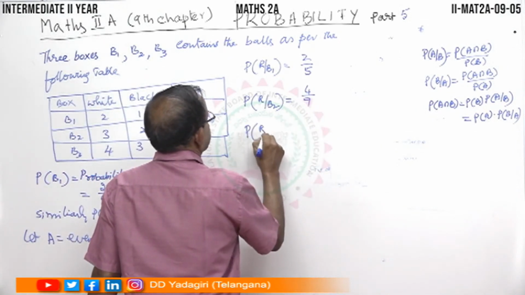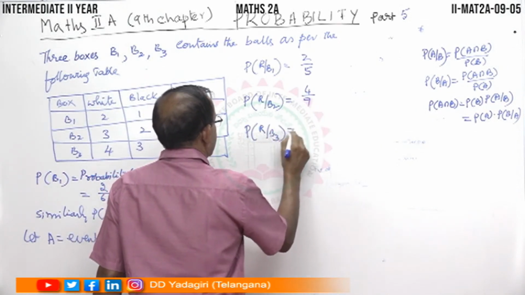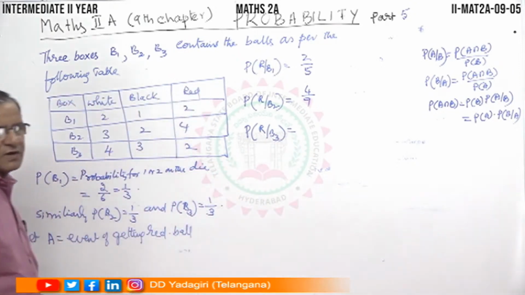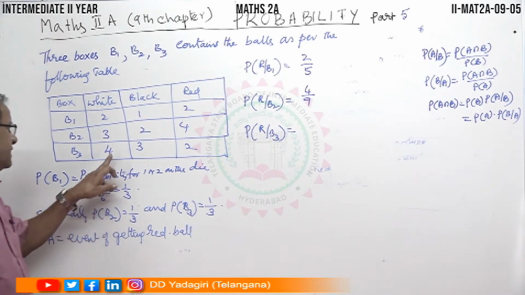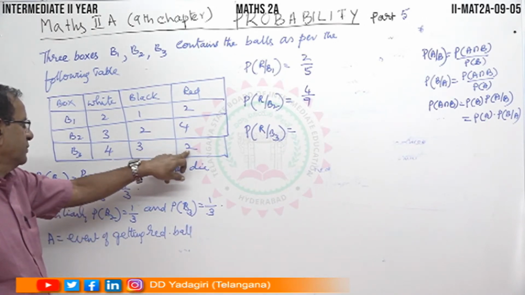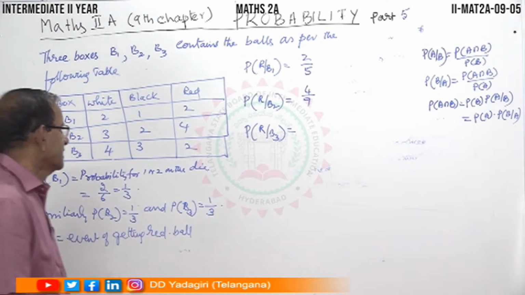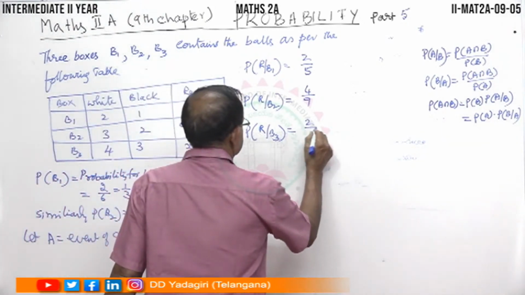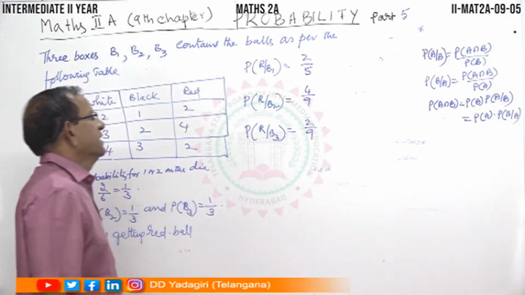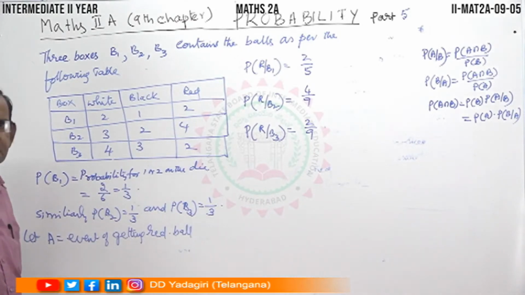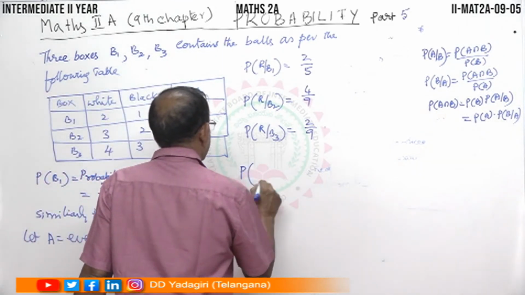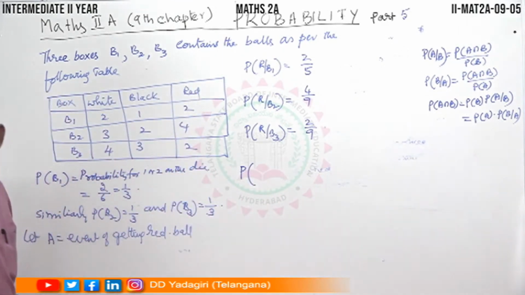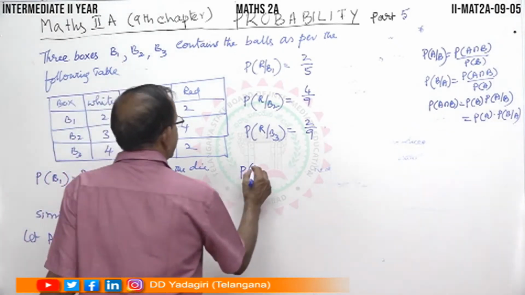P of R given B3, the probability for a red ball from the third box. 4 plus 3 plus 2 means 9. 2 are red out of 9. That is 2 by 9. So these are P of R given B1, B2, and B3. Now let us find out the probability that the red ball is from the second box, P of B2 given R.